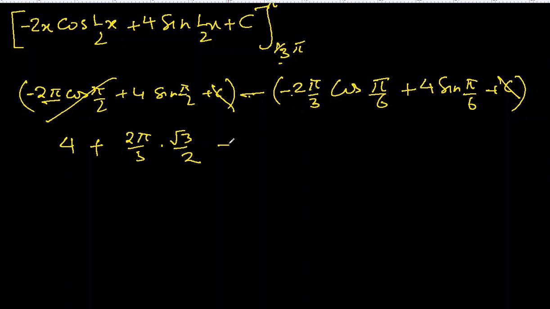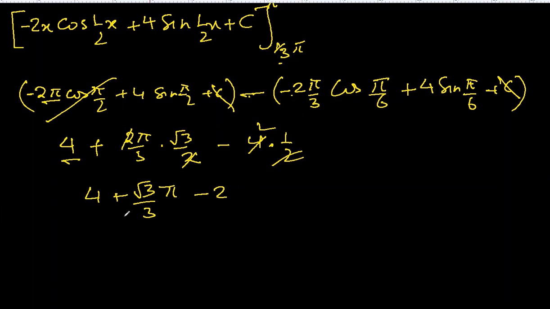Then this minus and this plus become minus 4, and sine pi by 6 is half, so this is 2. 4, this 2 and this 2 cancel, plus square root 3 over 3 pi, minus 2. 4 minus 2 is 2 plus square root 3 over 3 pi. That's the answer.